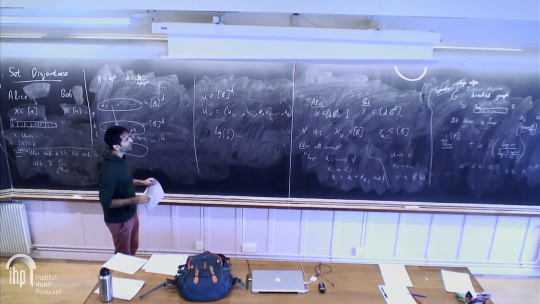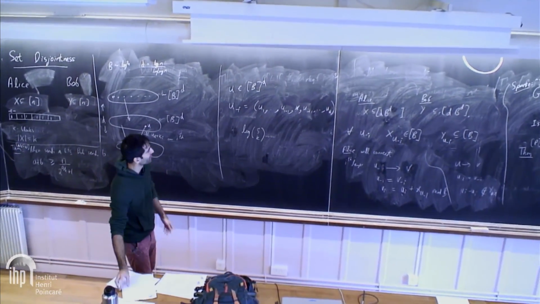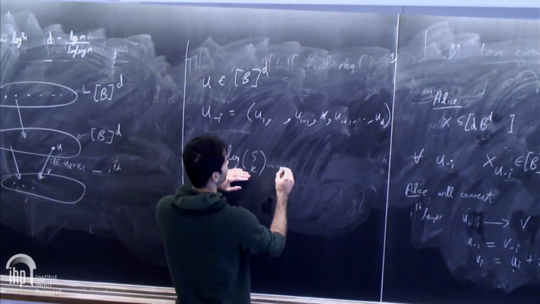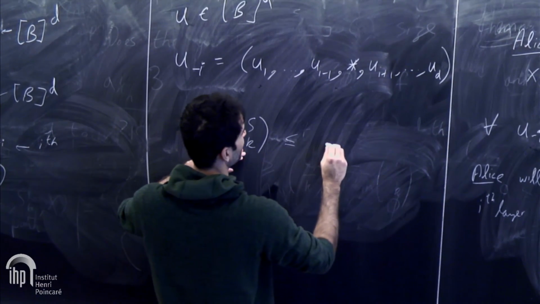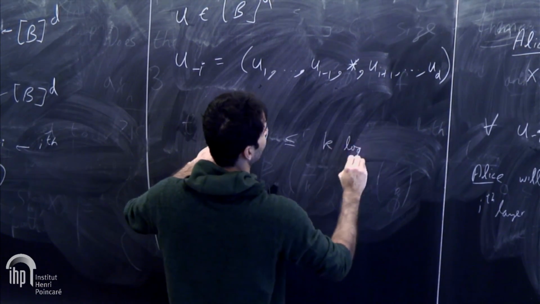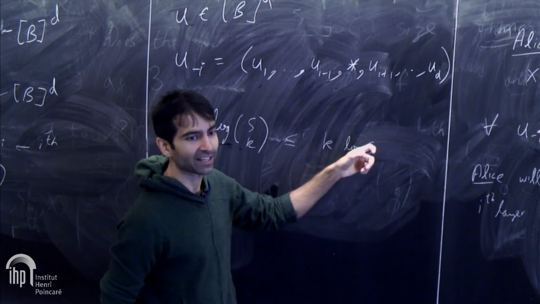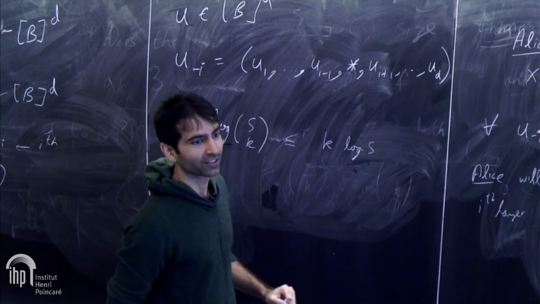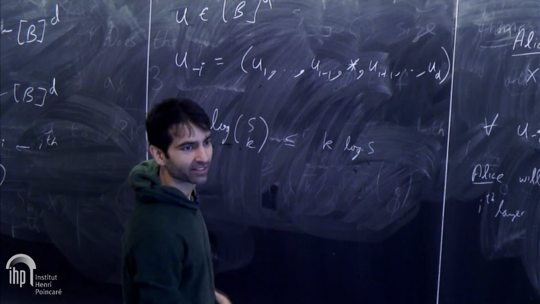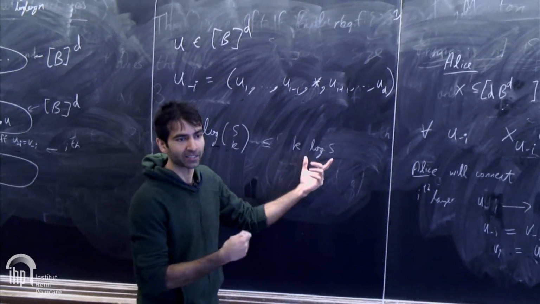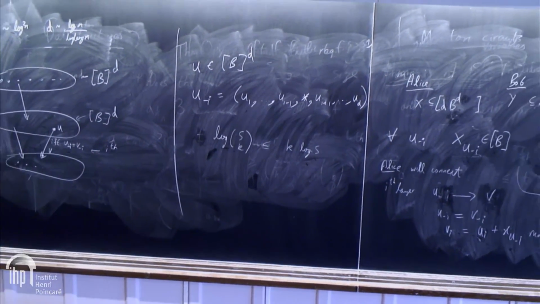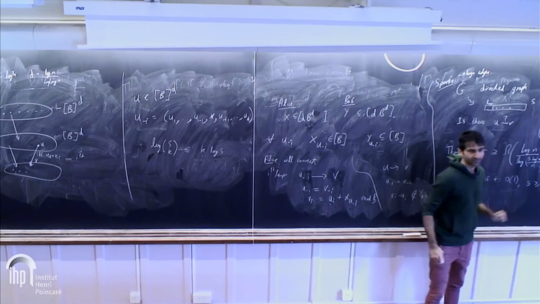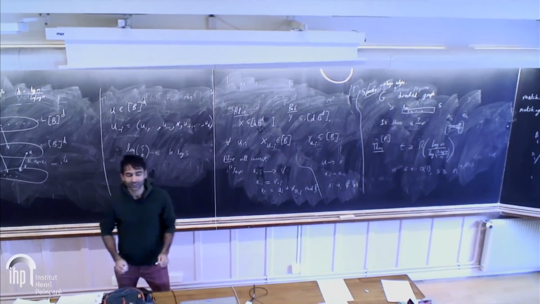We're very far from seeing why that's true, but it turns out this is smaller in general than k log s. It's actually closer to k log s over k, and that over k is what gives us the lower bound. So somehow doing this in parallel wins something, because you're able to send these better than doing them independently. I won't do the calculation, but it eventually gives this lower bound. Okay, so I'll stop there.